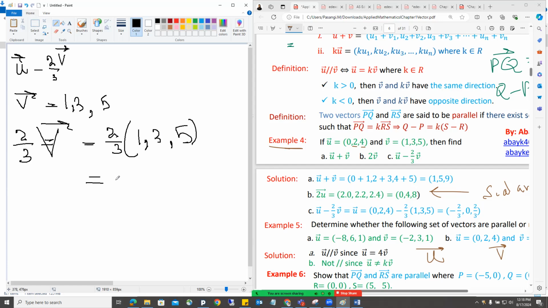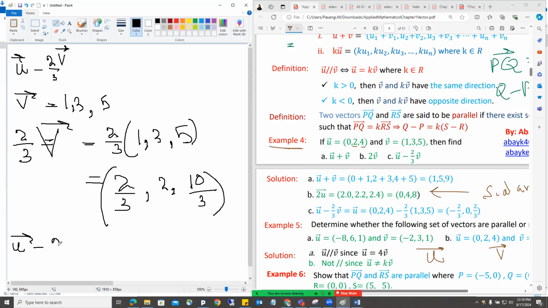There we have 2 over 3, 2, and 10 over 3.